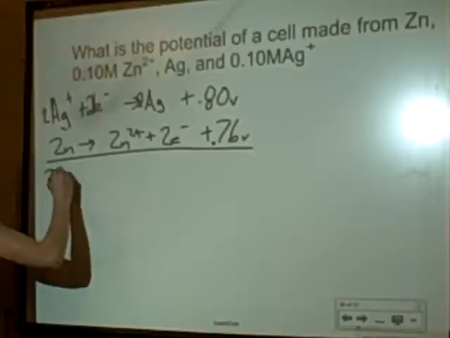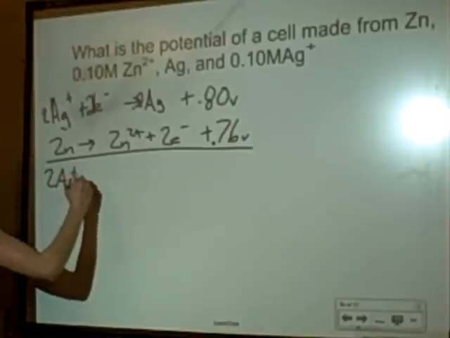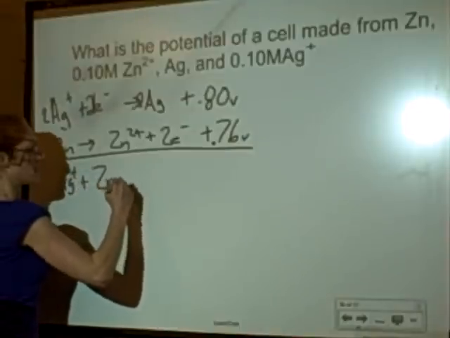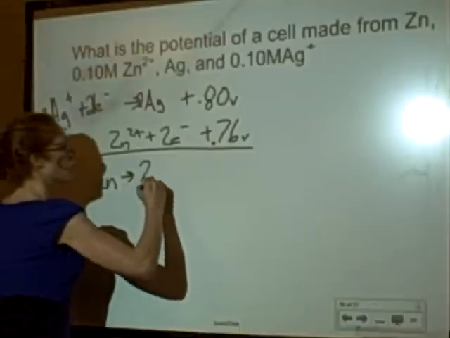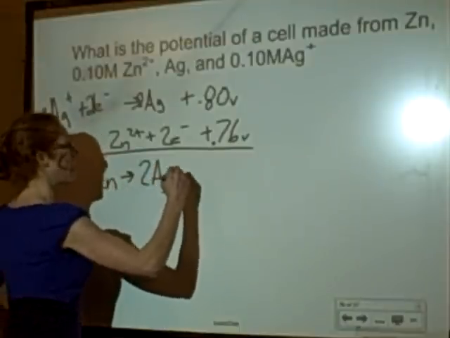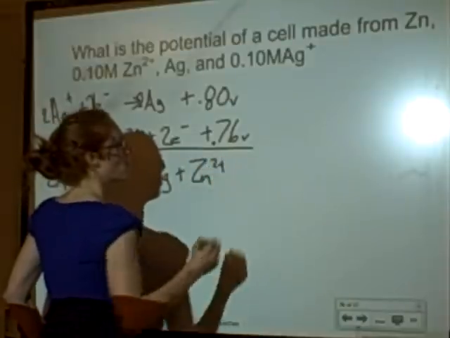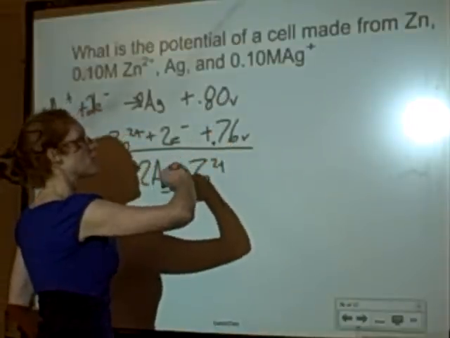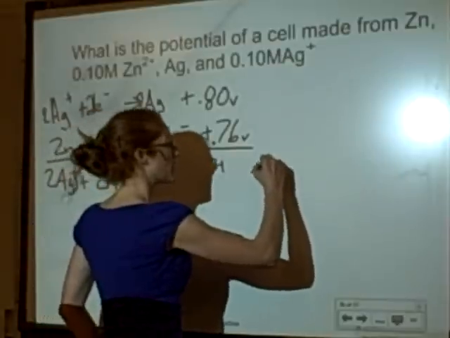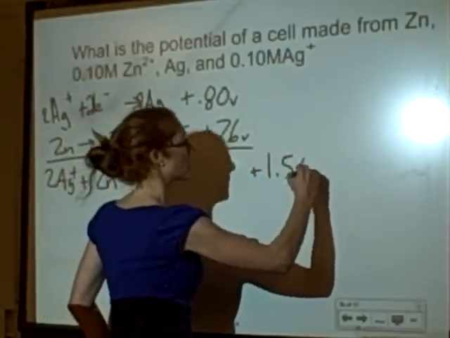Okay, so my balanced equation is 2Ag+ added to zinc makes 2 Ag and 1 Zn2+ ion. Okay, and then my total voltage is going to be positive 1.56 volts.